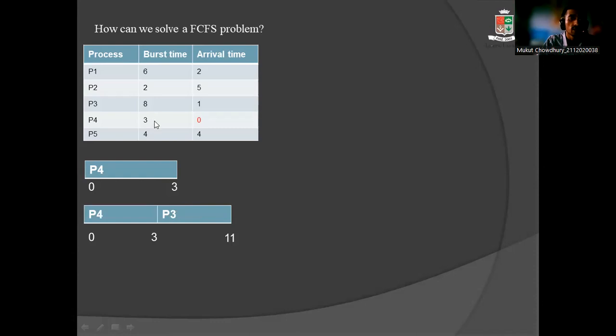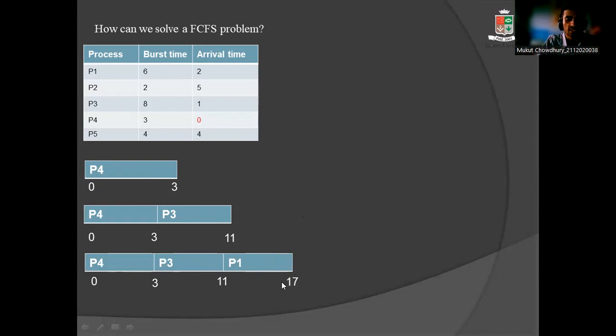After P3 comes P1. The starting point of P1 is 11 and the ending point will be 17, because the burst time of P1 is 6.